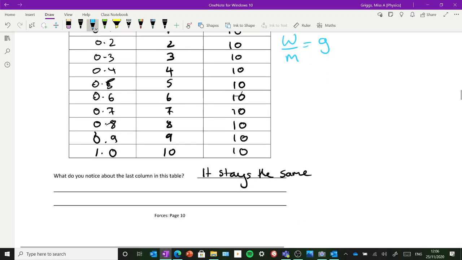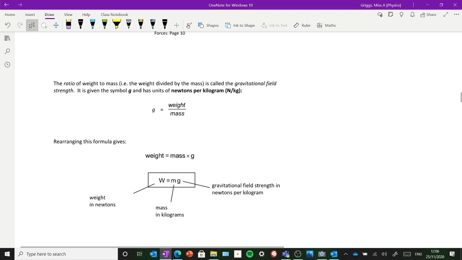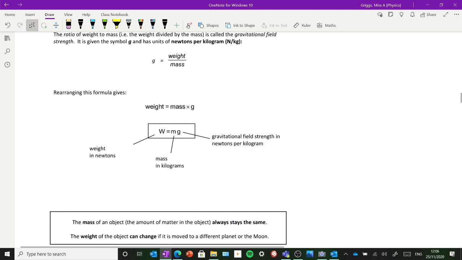Okay, right. So the ratio of weight to mass, so that means weight divided by mass, is called the gravitational field strength. It's given the symbol lowercase g and has units of newtons per kilogram, N/kg. So we've got that equation there. g is weight divided by mass. But more commonly, you see it written down as weight equals mass times by gravitational field strength, or shorthand, W equals mg.